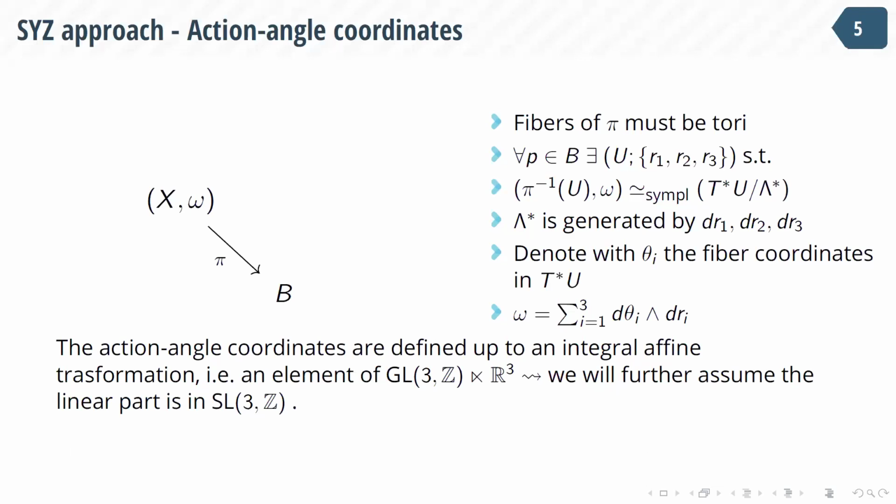Is there an invariant way to make that assumption? I guess as I understand it, this assumption that the linear part is in SL3Z seems to depend on the local coordinates, but I guess it's invariant somehow.